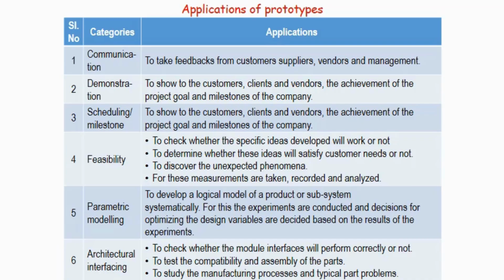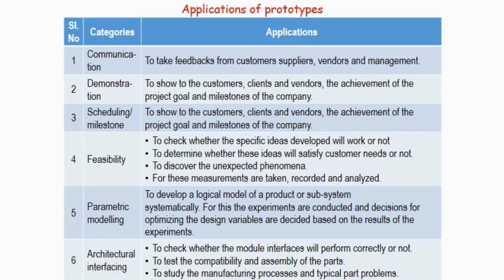And also it helps in checking whether a particular idea is feasible for production. First of all, ideas cannot be made into a product, so feasibility testing is possible with the help of a prototype. As I told you, subsystem modeling can be done, parameters can be measured, we can make decisions on the design aspects and various other internal parameters if we do it in the prototype itself.